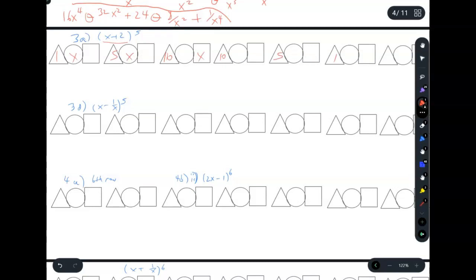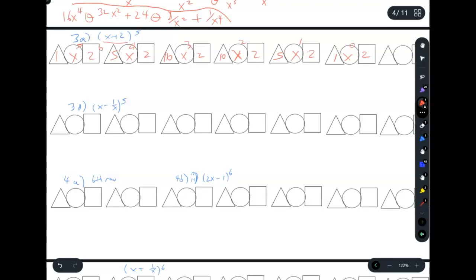The circles are x's. Okay, and then the 2's are in the squares. Okay, and then I'm going to put to the 5th power, to the 4th power, to the 3rd, to the 2nd, to the 1st, to the 0.